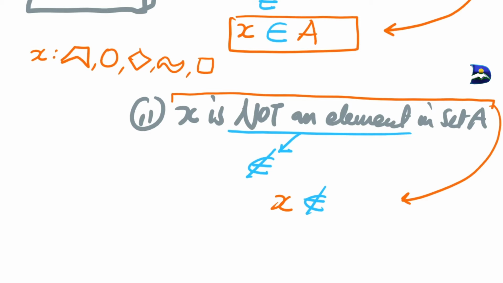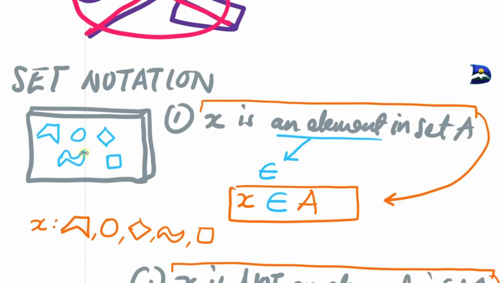So x is therefore not an element in set A. An example of this is any other symbol that someone might ask you about. Let's say someone asks, is a cylinder in this particular set right above here?